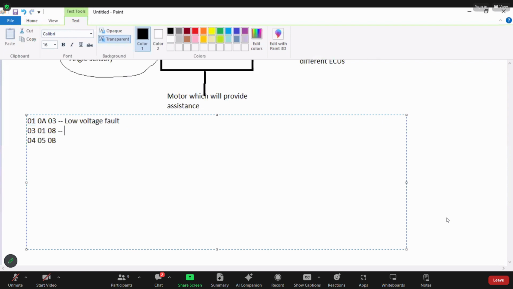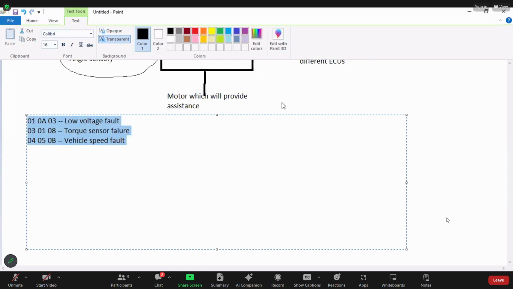And now let's say this DTC is for torque sensor failure, and this DTC is for vehicle speed fault. So now these three pieces of information are stored in the memory. Understood? This is the scenario. These three DTCs are stored in the memory.